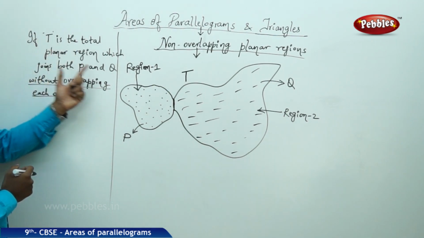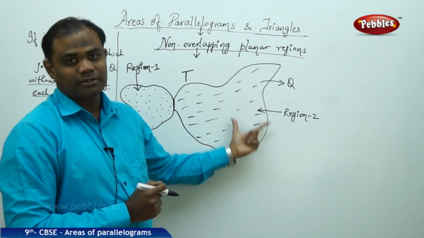Now here T is the total planar region which is obtained by region 1 plus region 2.